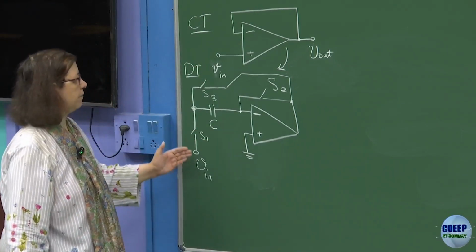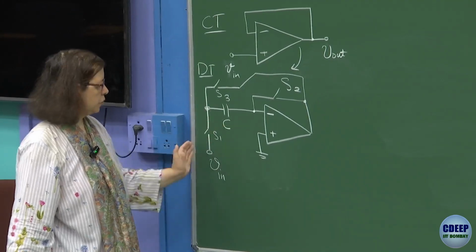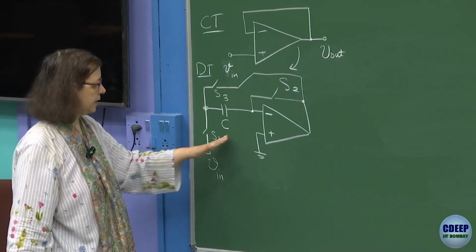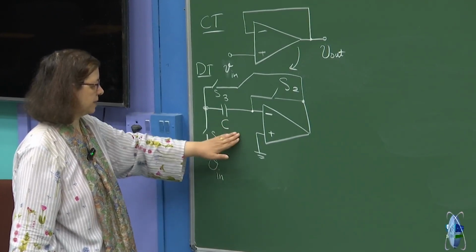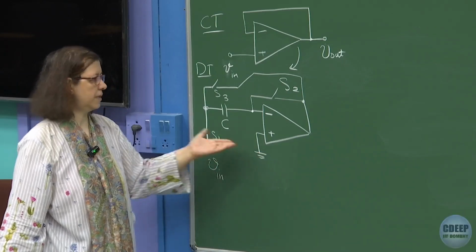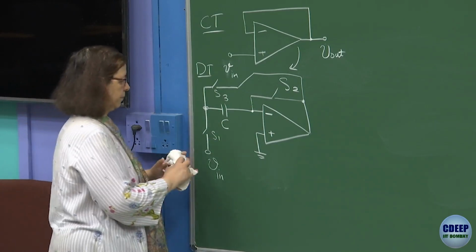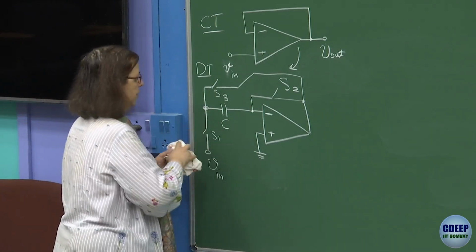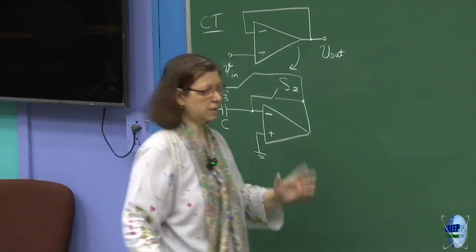So instead of continuously applying V in, we store value of V in at some tracking period on capacitor C, and then we put C around op-amp, that's it, flip around. So that was already there. For example, if I want to show that case, switch S3 will be closed, and this is discrete time.